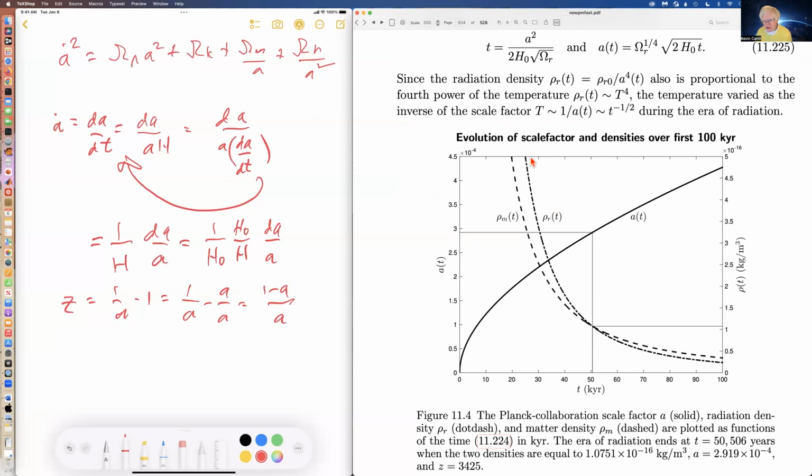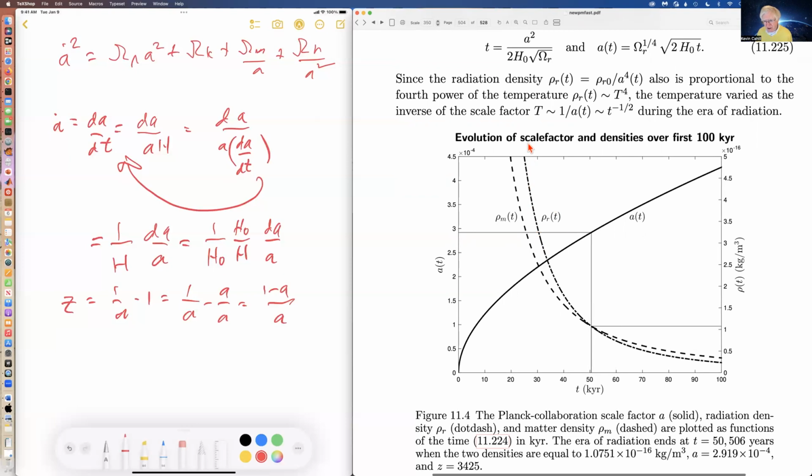And you can see these curves here. Here I'm plotting the energy density, or the mass density of radiation. You see it falls more quickly because it falls as 1/A to the 4th, whereas the mass density falls as 1/A cubed. And of course, this is T, and that's A.